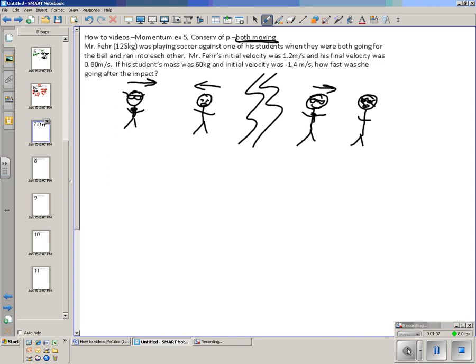Okay, so we go ahead and list out the information. So we have mass of Fair. Initial velocity of Fair is 1.2 meters per second, and final velocity of Fair is going to be 0.8 meters per second.